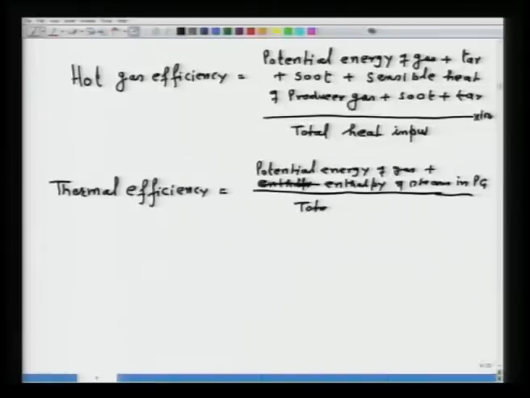So, again you divide by the total heat input. Of course, you have to multiply by 100 to get the percentage.